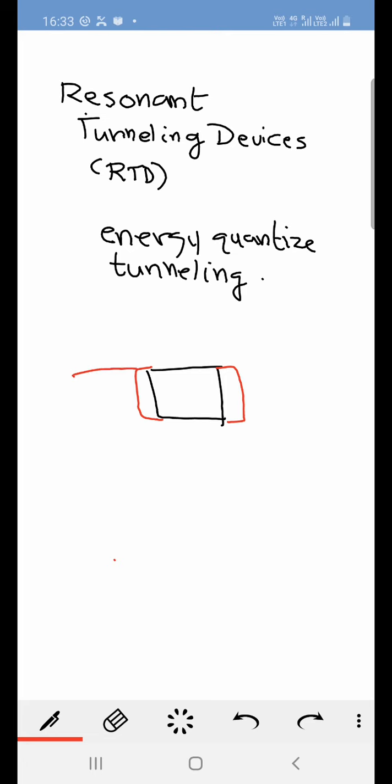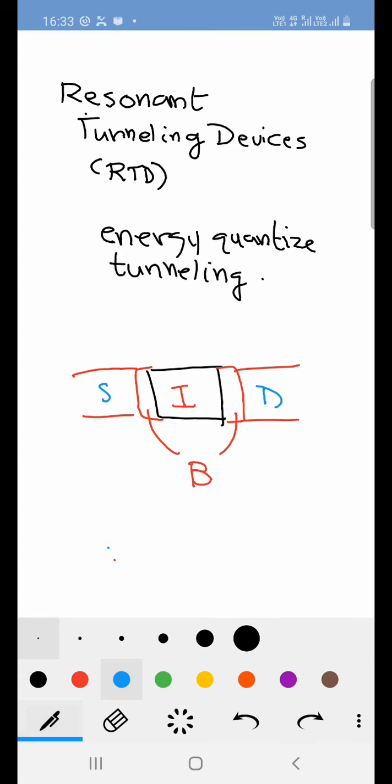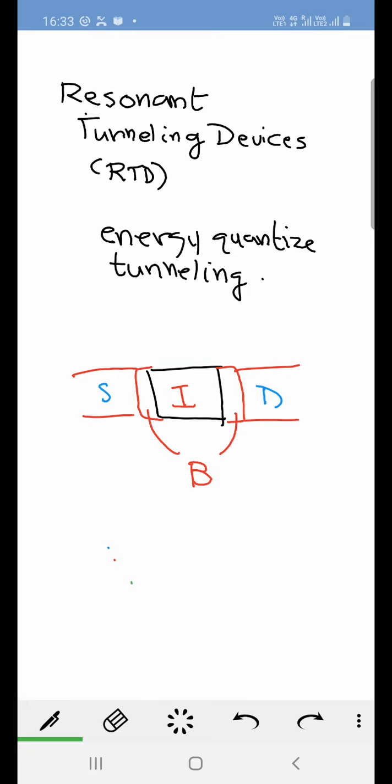So this is the island, I call it I. These are the barriers, call it B. This we take as the source, and this we take as the drain, and we have metal contacts at these two sides. These are the metal contacts, Me.